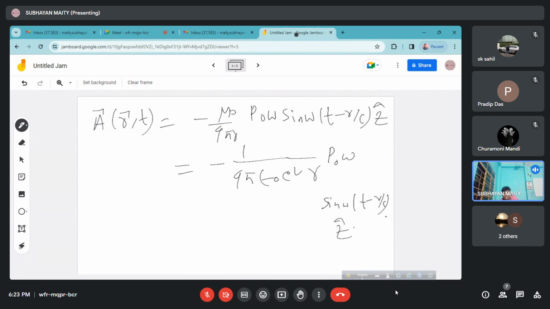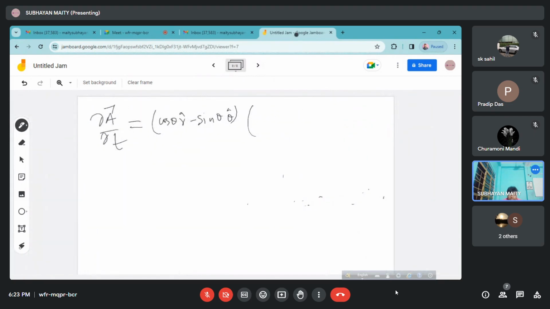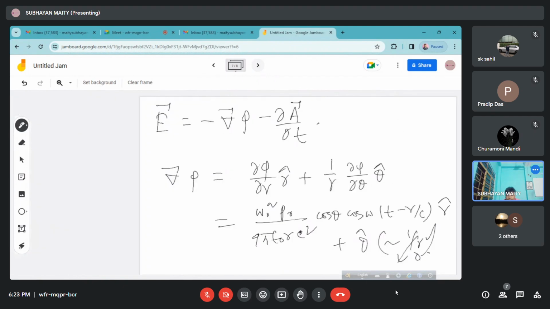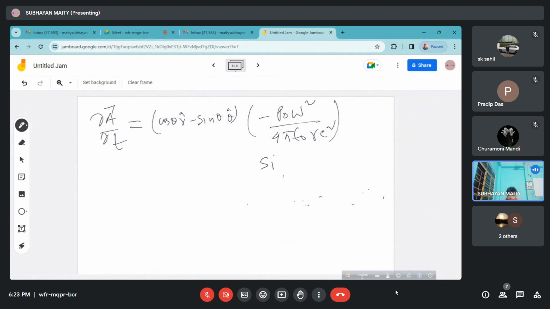Okay, so minus p naught omega square by 4 pi epsilon naught r c square, right? r c square into sin omega t minus r by c. So this is del a by del t.